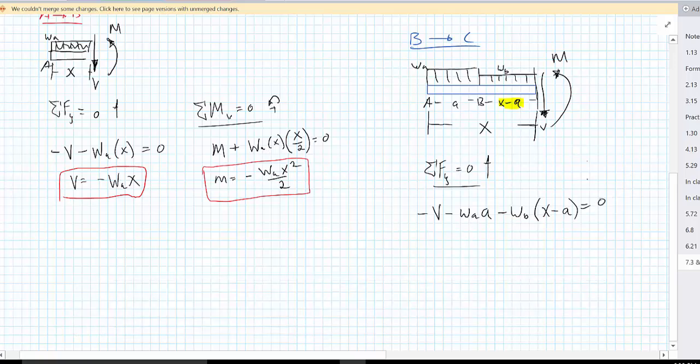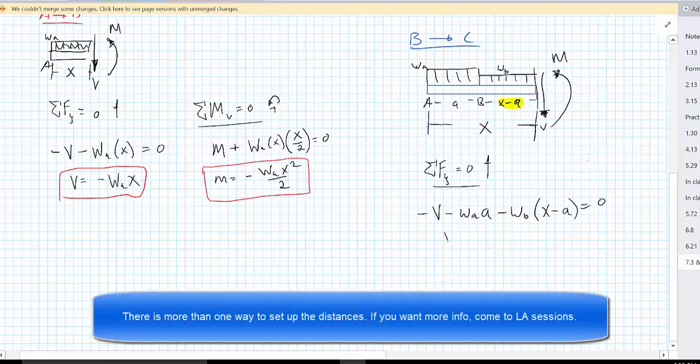So that'll equal 0. And so we can say our shear for this section is going to equal negative W sub A multiplied to A minus W sub B multiplied to X minus A. And that will be the solution for the shear for section B to C, right?